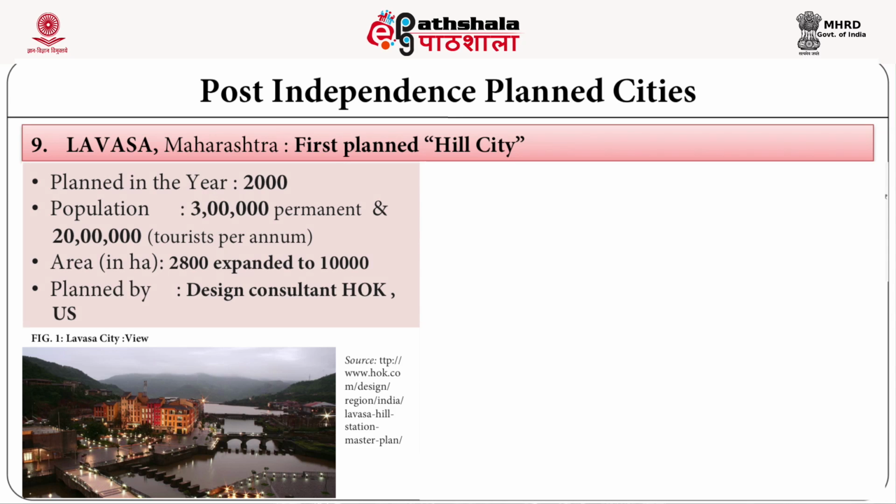It was in the state of Maharashtra, and it was planned with a permanent population of 3 lakhs and about 20 lakhs of tourists per annum. It was designed for a tourist population of 20 lakhs. And the area which was started was about 2,800 hectares, which could be expanded to 10,000 hectares.